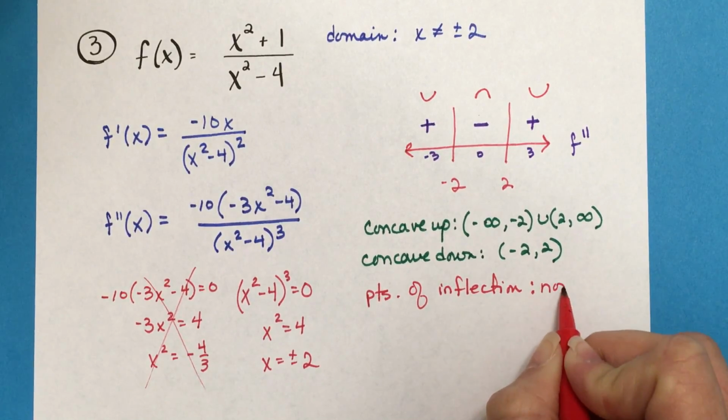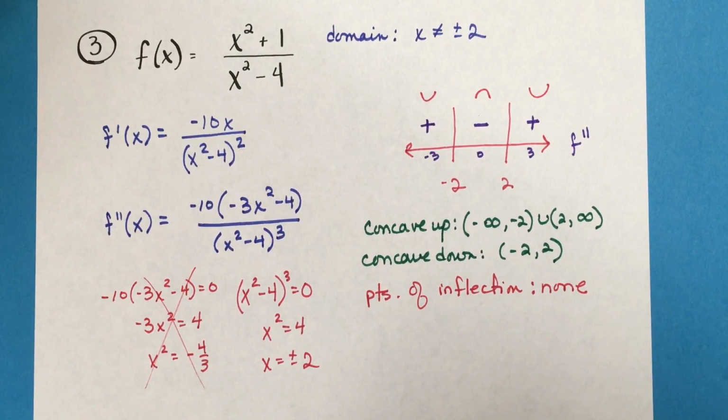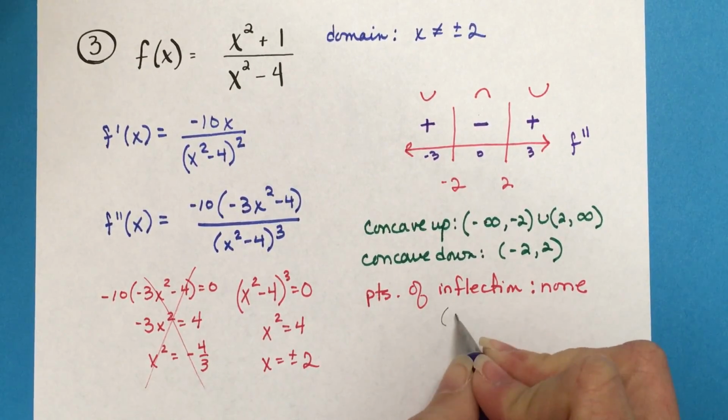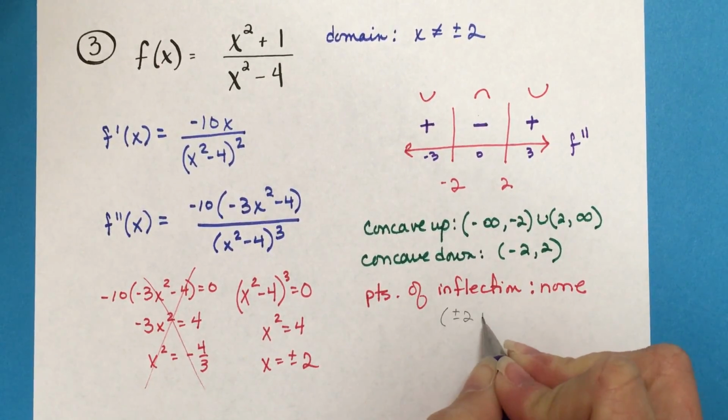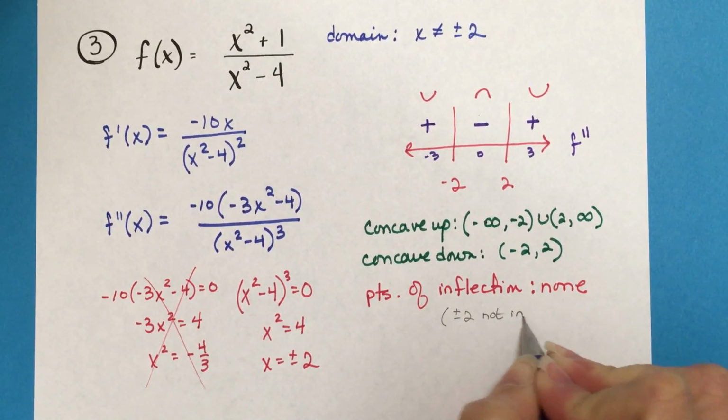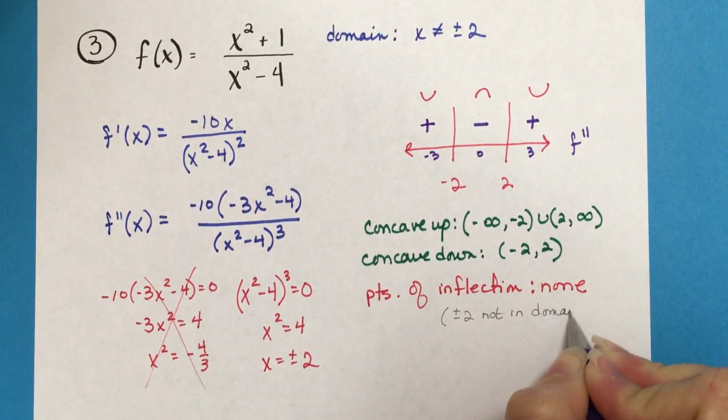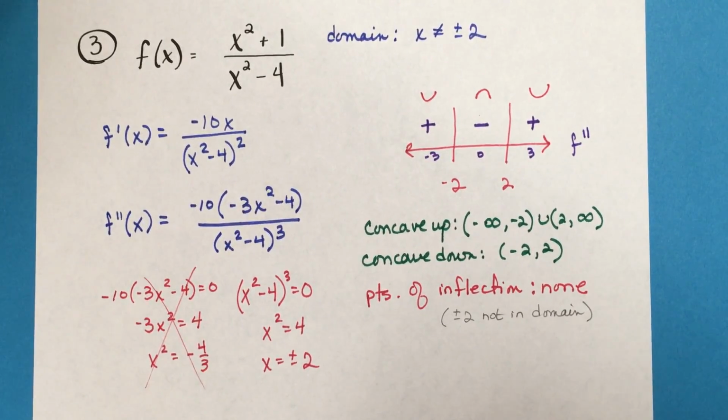So we'll just say none. And you might want to make yourself a note that says positive 2, negative 2, not in domain, just in case you forget why in the world we didn't include those. It's because it was not in the domain to begin with.